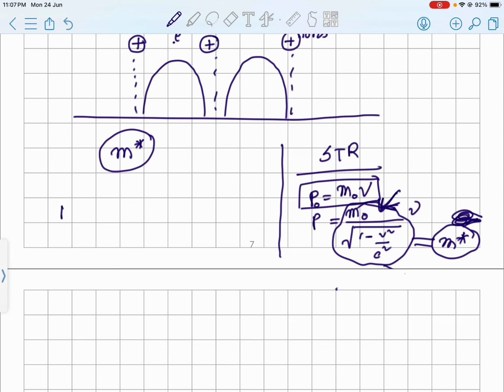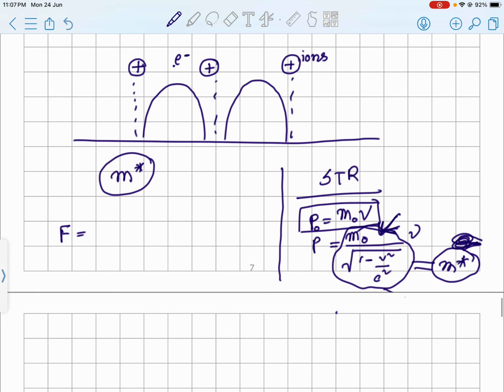If we don't have any force, that is, let us consider there is no potential between this, okay, then it will be a0 equals to F0 by m.